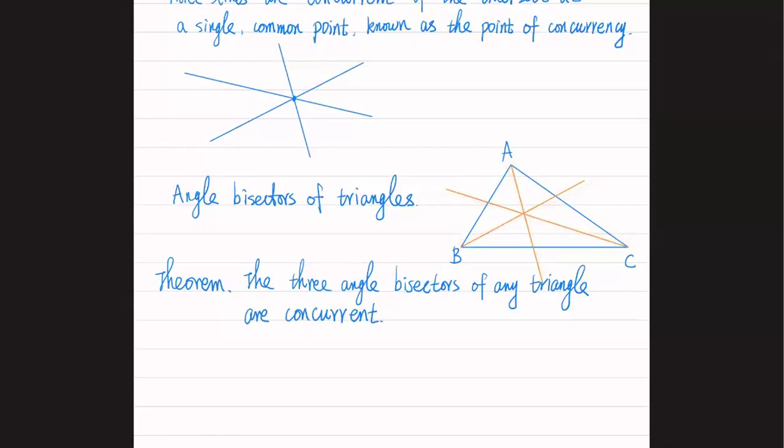But initially, they may be quite arbitrary. However, the theorem says they are concurrent. They intersect at the same point.